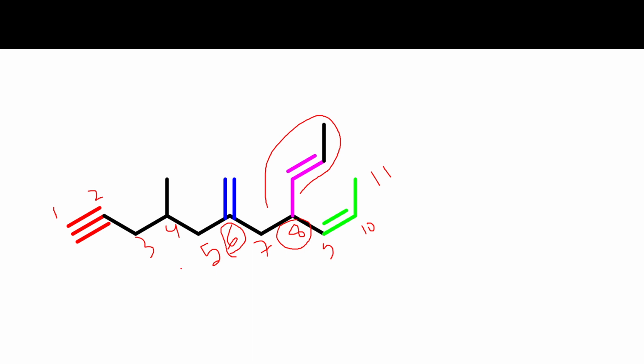If we go alphabetically, you can place this 4-methyl first, and this at the 6 position is the methylene group. So the name will be 4-methyl, 6-methylene and 8-propynyl.